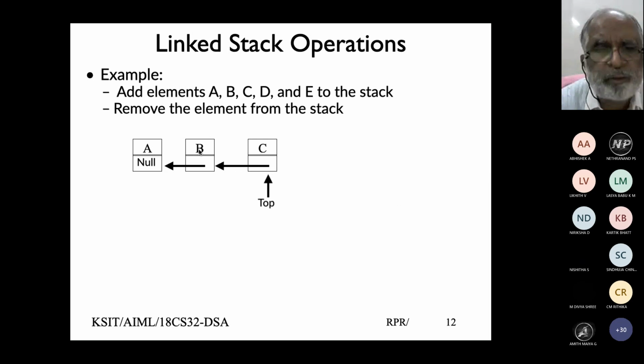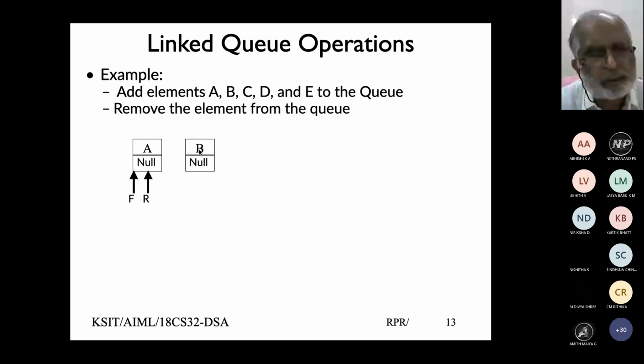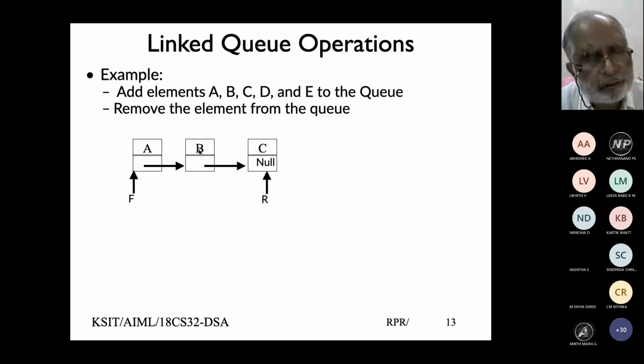In the same way we can use a linked list to implement a queue. Now we have 2 pointers, one is the front, the other is the rear. We start with the first node, with both front and rear pointing to the same node, and when we add elements, we keep moving rear, and rear always points to the last node.